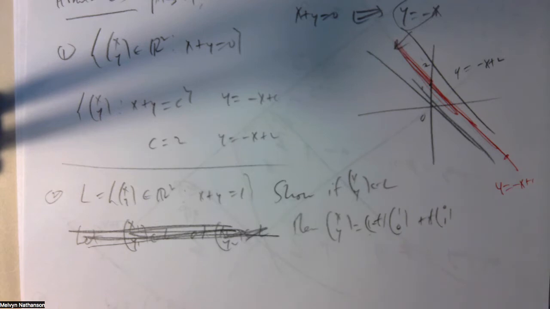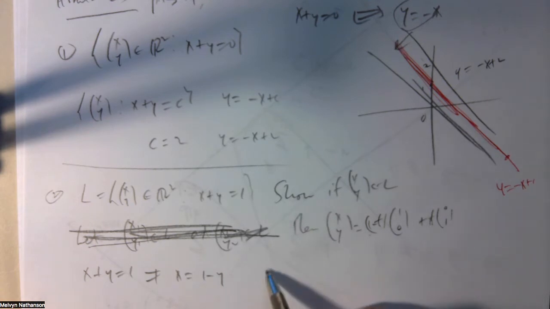So you want to show that if x, y is in L, then you can write x, y as a linear combination of the 2 basic vectors, 1, 0, and 0, 1, where the scalars add up to 1, 1 minus t and t. So let's see, what's an easy way to do that? If x plus y equals 1, then x is equal to 1 minus y.